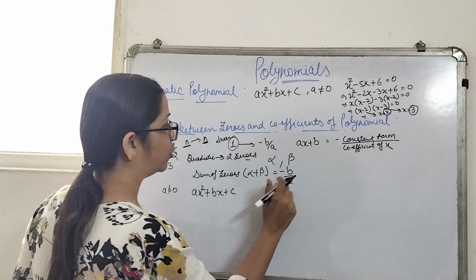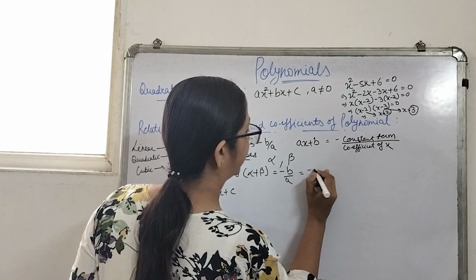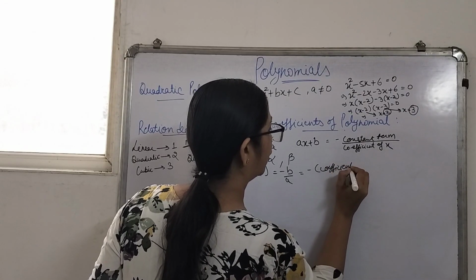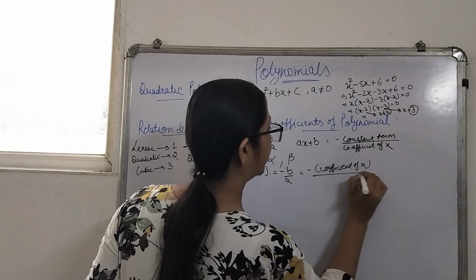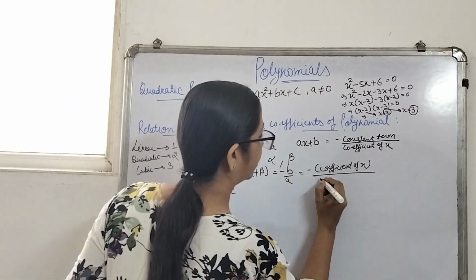That means the sum of the zeros will be minus b over a. b is the coefficient of x, that means minus of the coefficient of x over a, and a is the coefficient of x square.